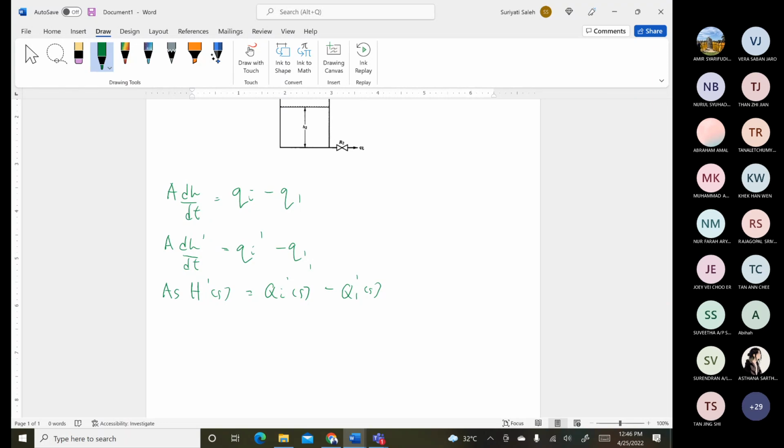Only the problem here, you will get two transfer functions, where H prime equals 1 over AS, Qi prime S, minus 1 over AS, Q1 prime S. So the problem in this case lies with the second one.